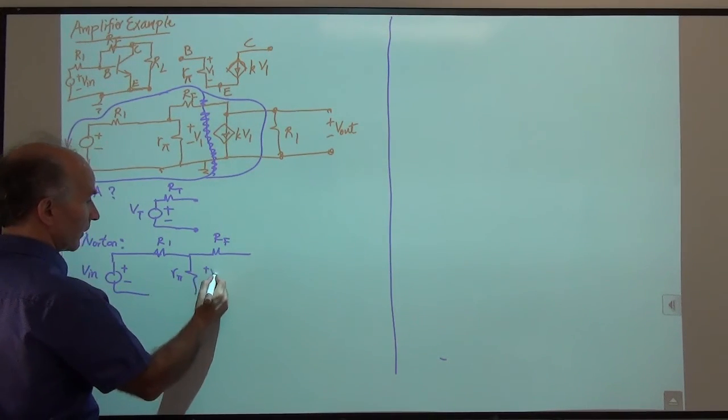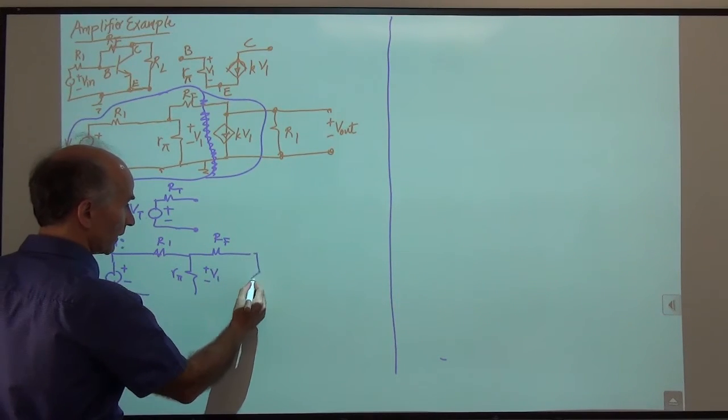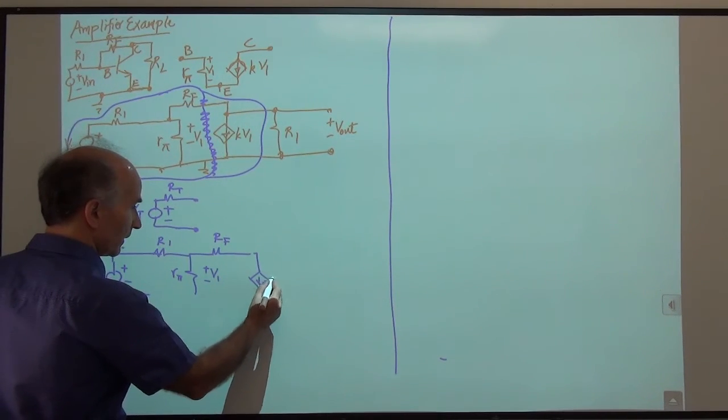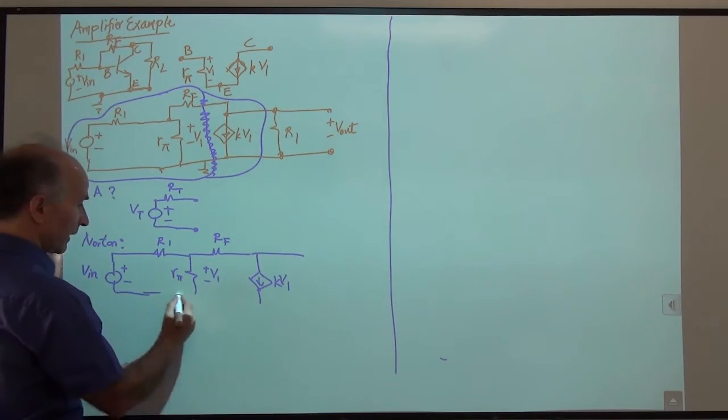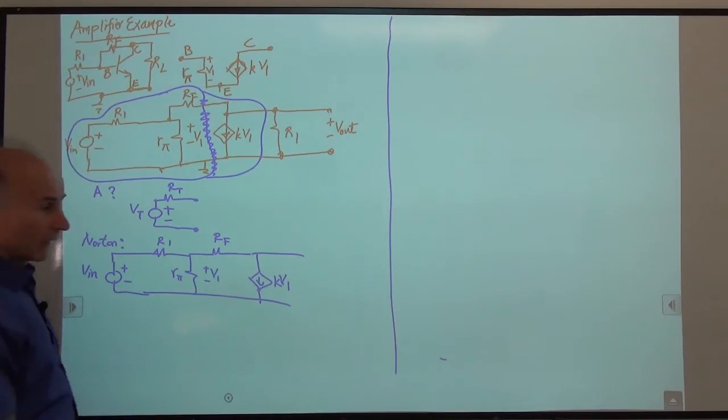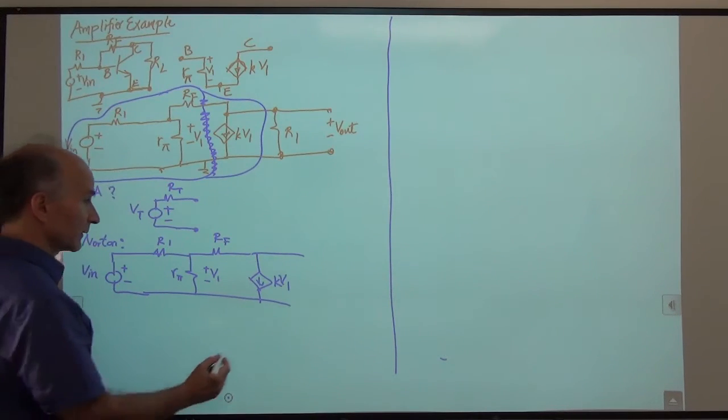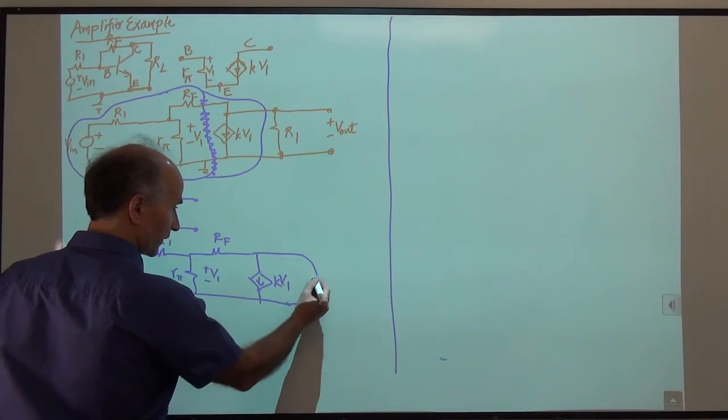This is V1. V1 has to be there because it's a controlling parameter. This is KV1. These are all connected so far, right? And then to find the current, I sub n, I have to put a short here.